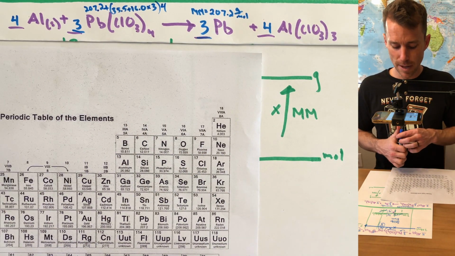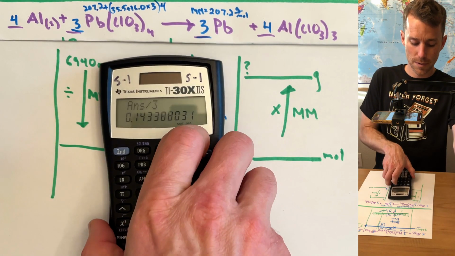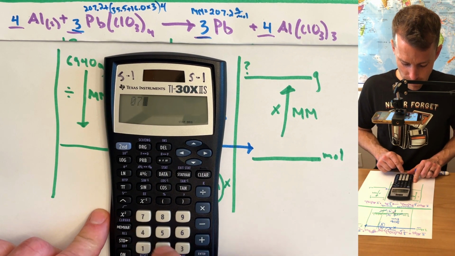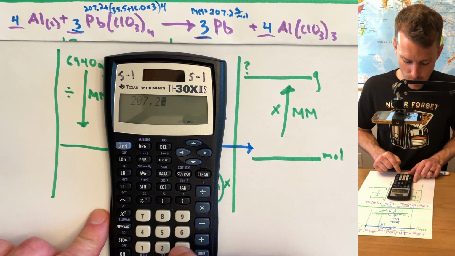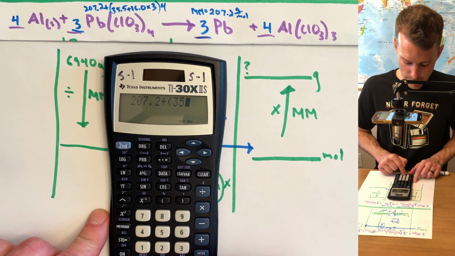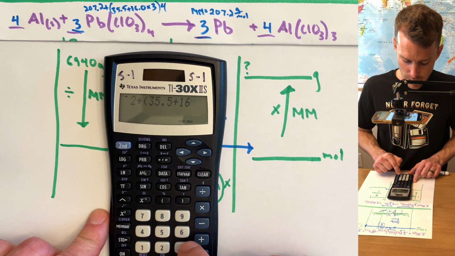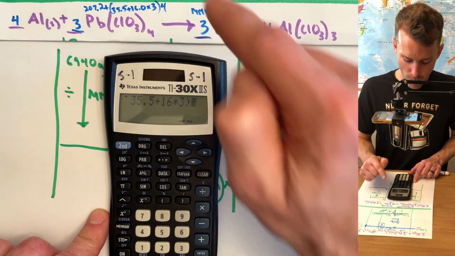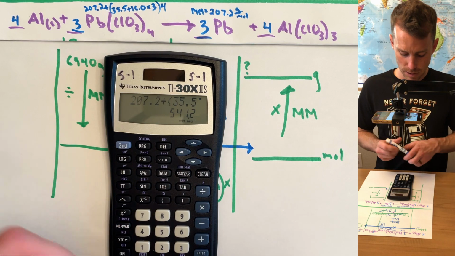Great. So what does that molar mass come out to? Let's plug that in and see what we get. 207.2 plus, let me do my brackets here, 35.5 plus 16 times 3, close that bracket, and we need to multiply it by 4. 541.2, unless I screwed that up.